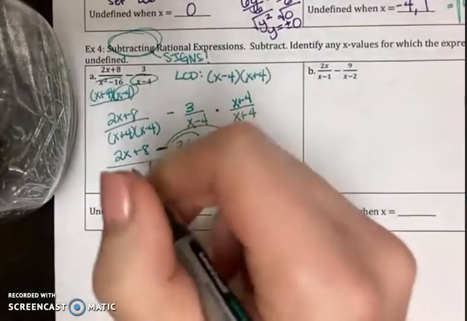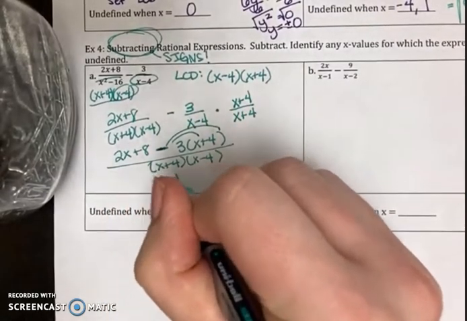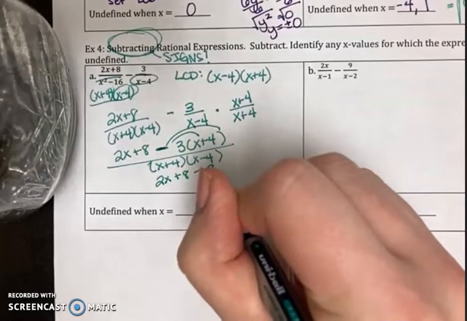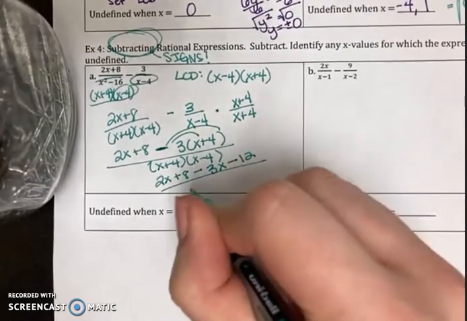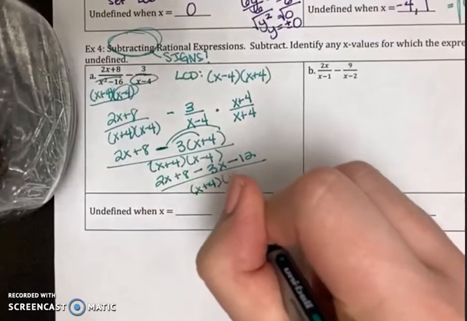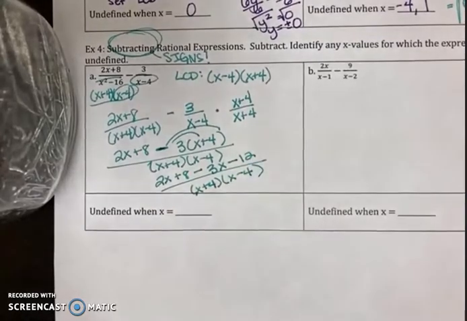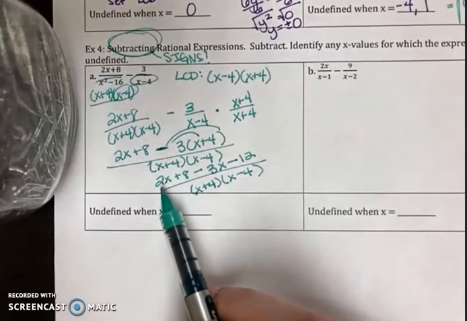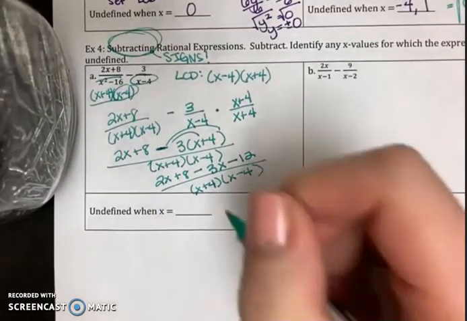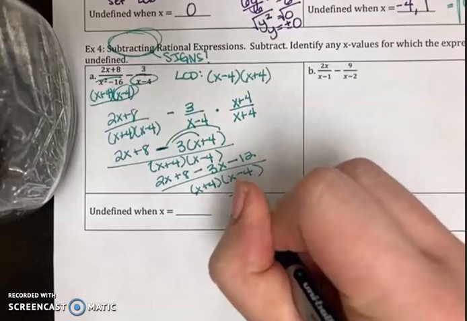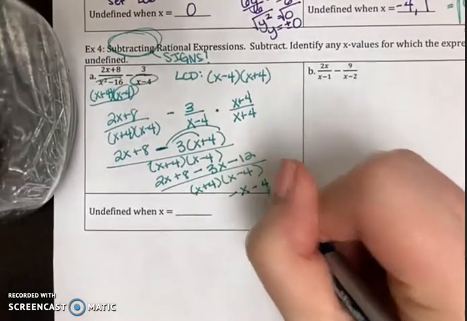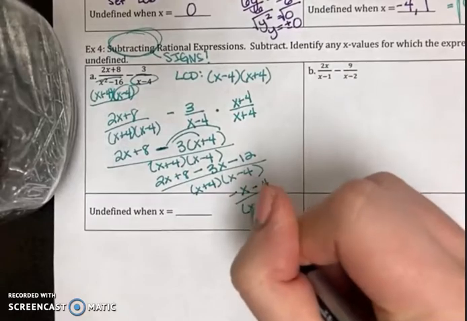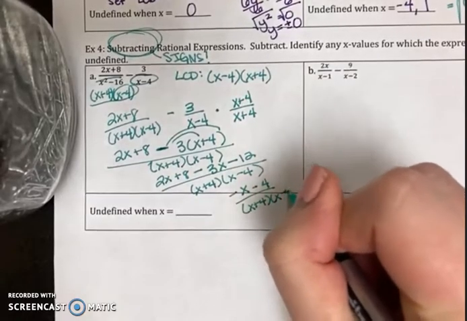If I distribute a -3, I get 2x plus 8 minus 3x minus 12. Let's clean this up by combining like terms. I have 2x minus 3x, that's a -x. And then 8 minus 12, that's a -4 over my common denominator.